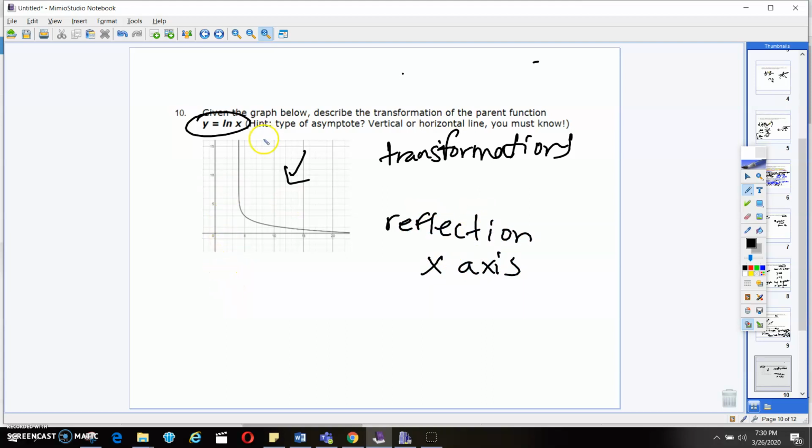That means that it flipped to the other side of this. And it also moved over. Well, it moved over 1, 2, 3, 4 units. It moved to the right 4 units, okay? And then it also moved up because it came off that x-axis, right? So it went up 3 units, okay? So these are the transformations that would occur.